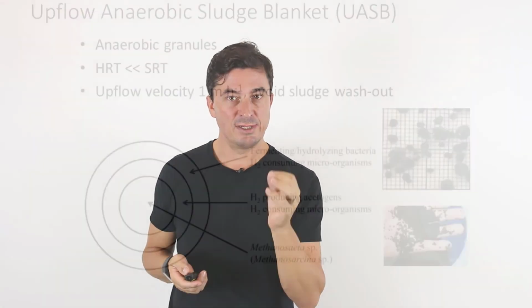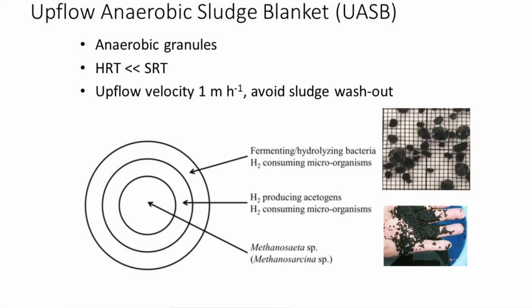So as you can see, the upflow anaerobic sludge blanket reactor has a biomass that stays inside the reactor while the water is flowing through. And this is because under these conditions, microorganisms aggregate in what we call granules. And granules are like caviar in wastewater treatment, small spherical black balls that contain methanogens, that contain your hydrolytic organisms, and that contain your fermenters.